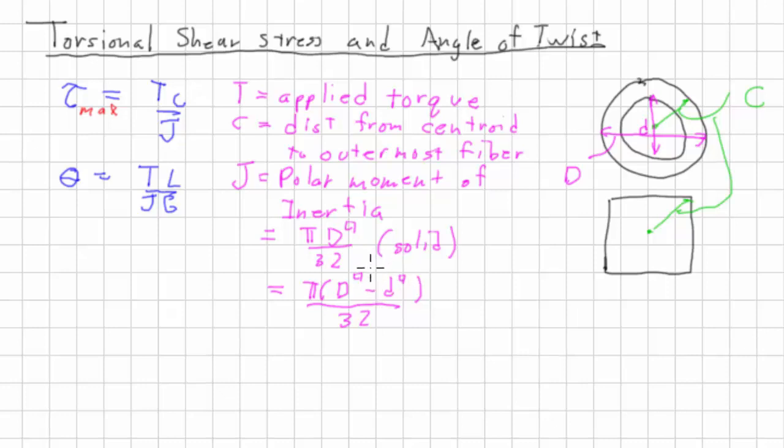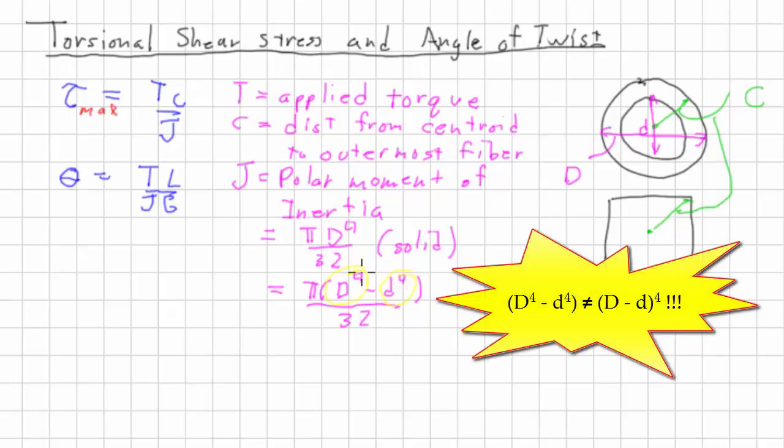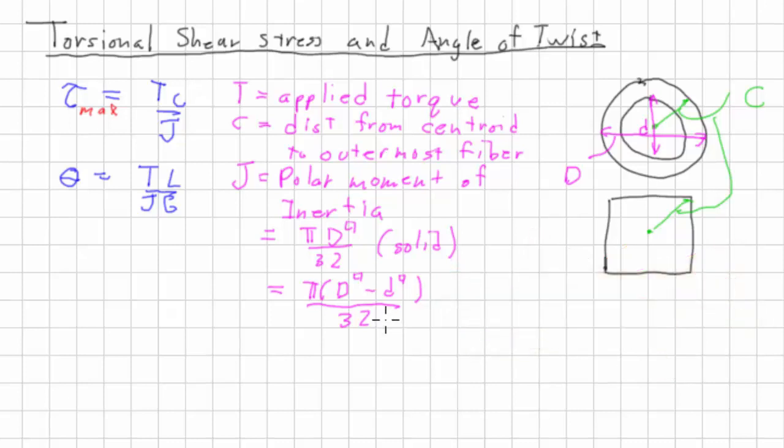Now note very importantly that each one here is raised to the fourth power. If you tried to simply subtract the two and raise it to the fourth power, that would be wrong, and you get the wrong answer. So it can be a very large difference between those two. So make sure that you use d to the fourth on each one individually.